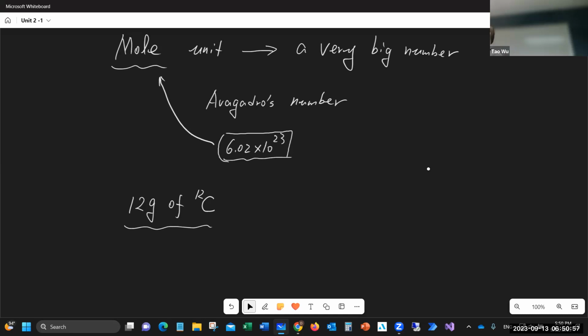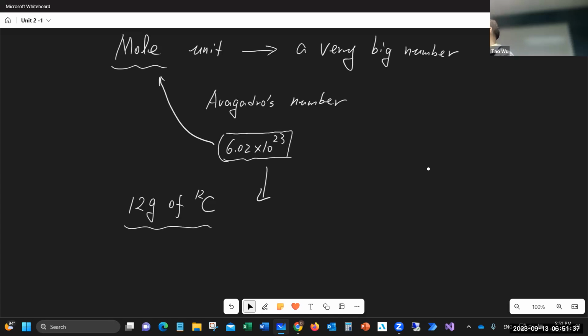After they figure out the mass of the atoms, exactly 12.00000 with a lot of zeros grams of carbon 12, they calculate how many atoms exactly are inside of that. This is the number 6.02 times 10 to the 23rd.